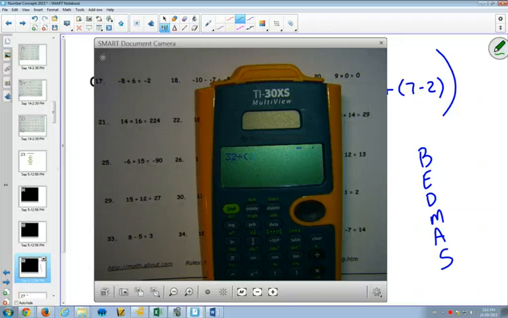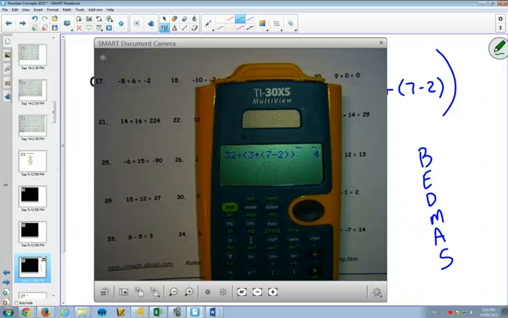What was it? 3 plus bracket 7 minus 2 bracket bracket. And we should get 4, which we do. Now, if your calculator doesn't let you type this in all at once, see if you can type it in so that it does work.